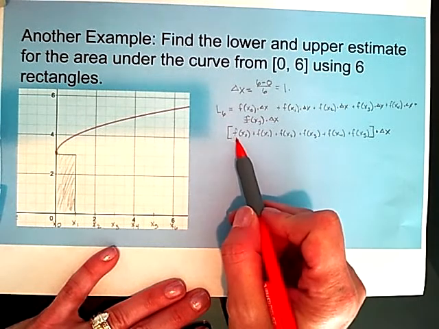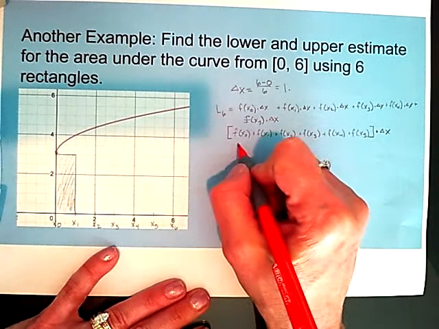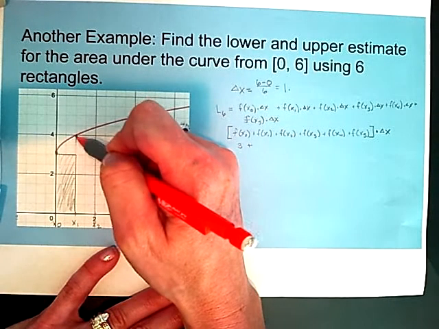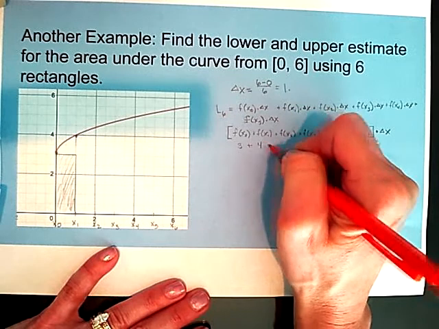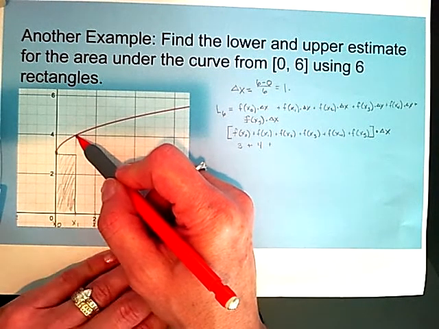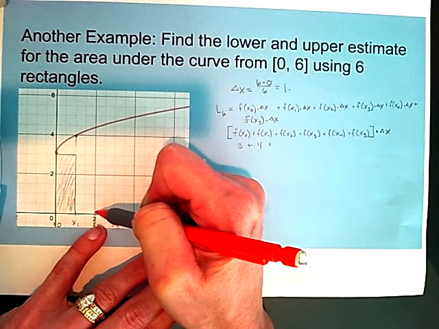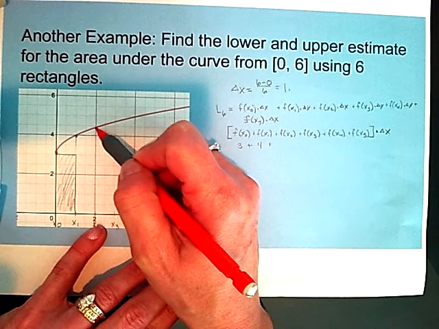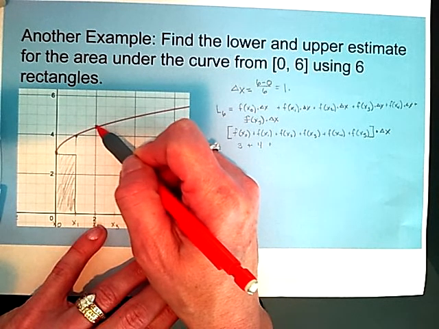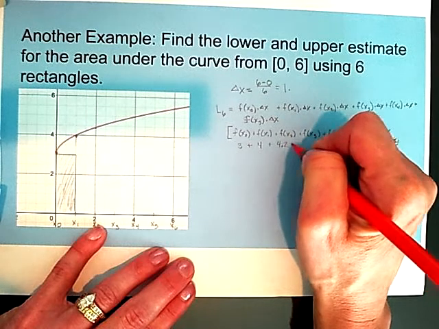So in this case, I'm looking at that left rectangle and I'm seeing that it's going to 3. When I get to x sub 1, I'm seeing that it's going to reach up to 4. And these are approximate, so we might not all have exactly the same values here. It's how we're visualizing it on the graph. When I get to f of x sub 2, I'm going to estimate that that is not quite at a quarter of the way, so I'm going to say that that's about 4.2.